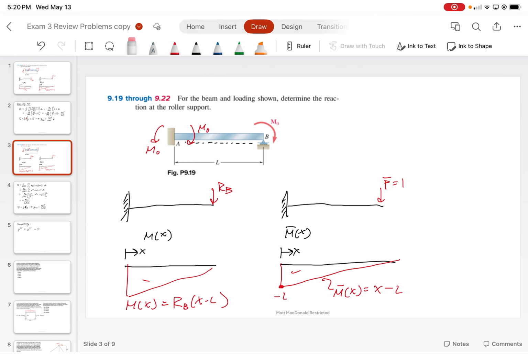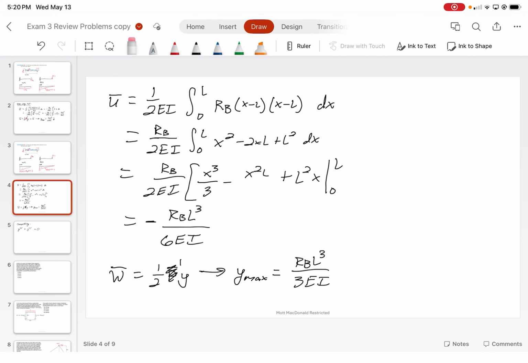No, because RB we assumed going downwards. This is the thing that kind of gets confusing at times. So RB we're assuming going downwards, which means our deflection should be showing positive, and we're making an assumption that RB is still going downwards in this case. I know it's a little weird, but it's an assumption embedded into another assumption, so it can get a little confusing if you're not careful.